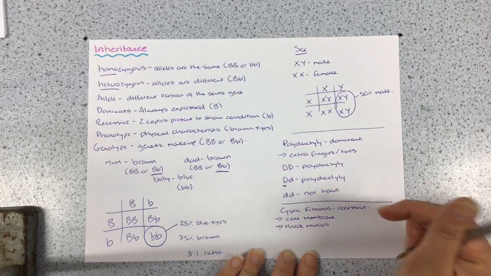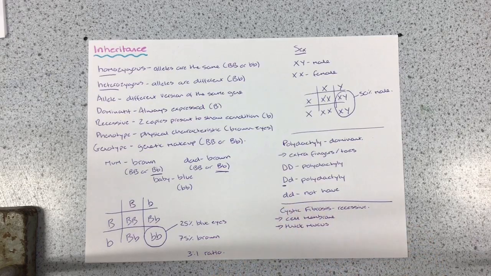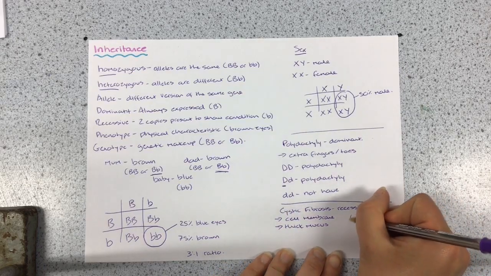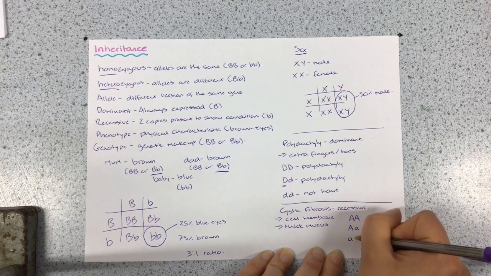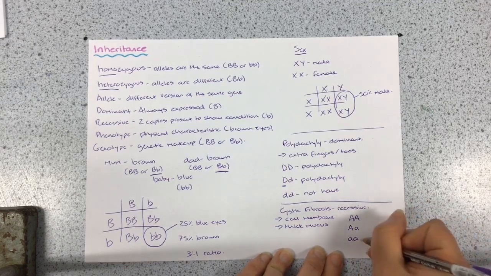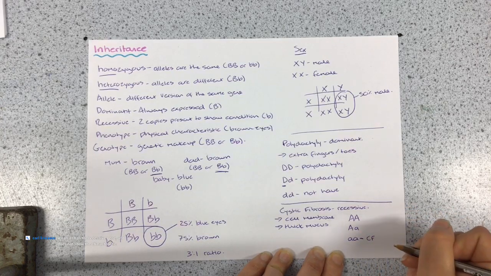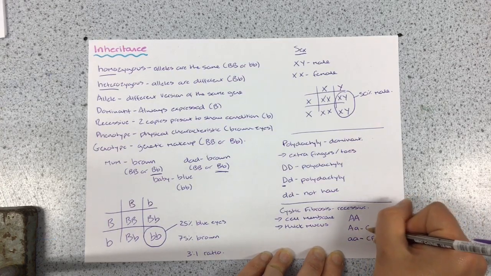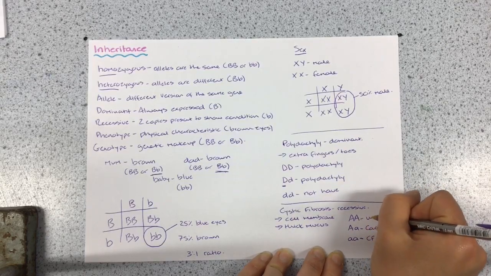If we want to look at the alleles for this, I usually use an A because the C doesn't look any different in either case. Big A, big A, big A, little a, and two little a's. Because it is a recessive condition, it would be the one that has two little a's that has cystic fibrosis. Big A, little a, we will call a carrier. Two big A's will be unaffected.